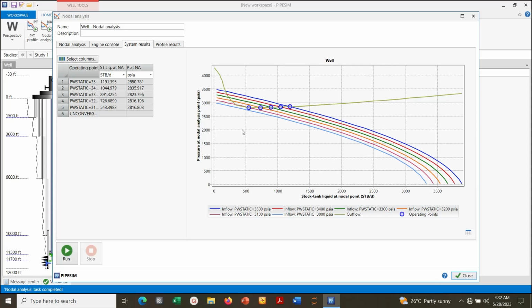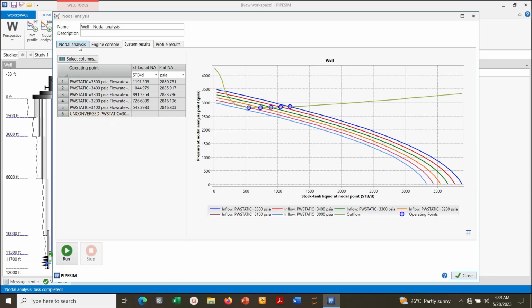So the well will stop flowing at 3100 psi. At 3100 psi, look at it here, the well is flowing 543 stock-tank barrels per day. And at 3000, the well is not flowing.